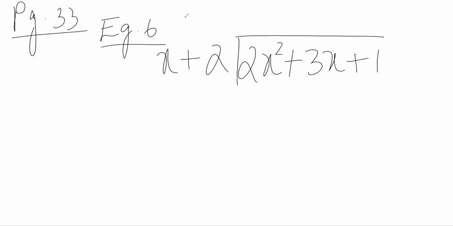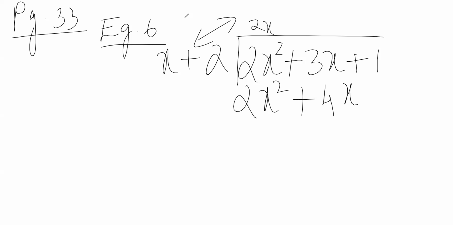First, the main aim of solving such problems is cancelling 2x square. So you multiply x plus 2 with 2x. Why are you multiplying with 2x? So that 2x square gets cancelled. When you multiply 2x with x plus 2, you get 2x square plus 4x.